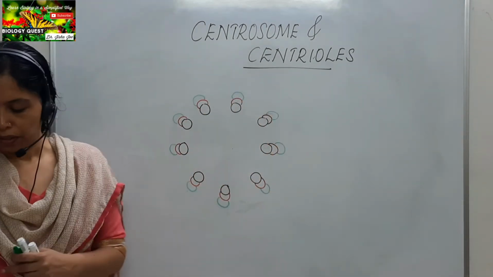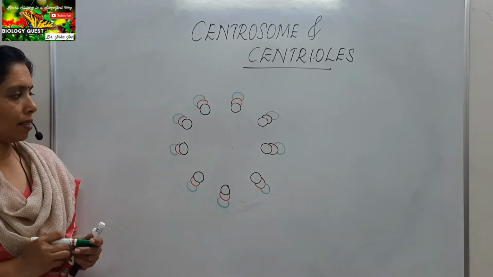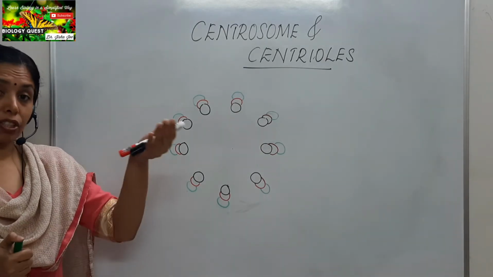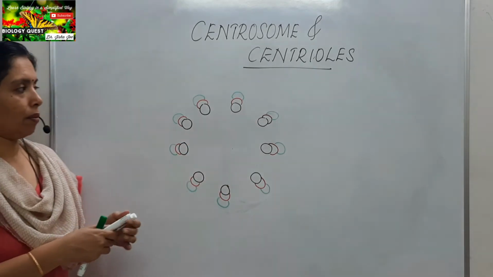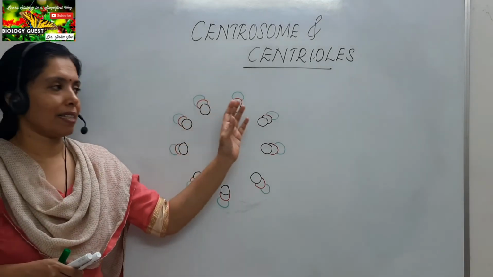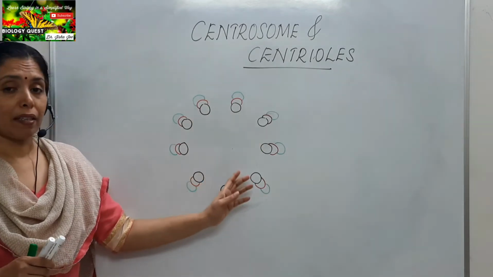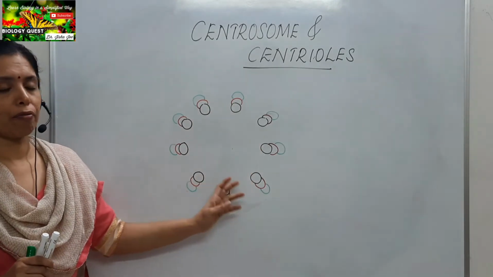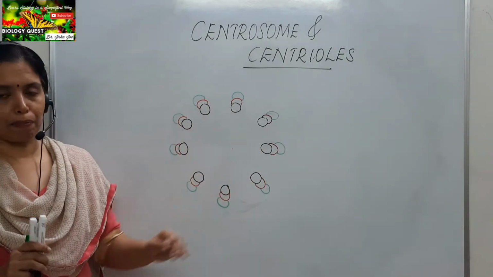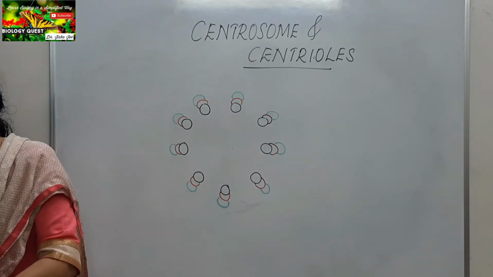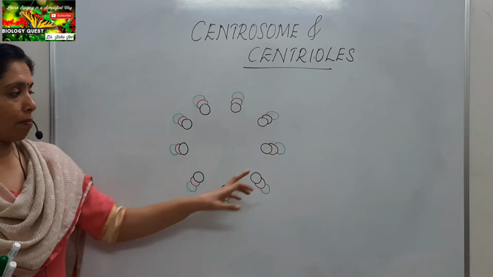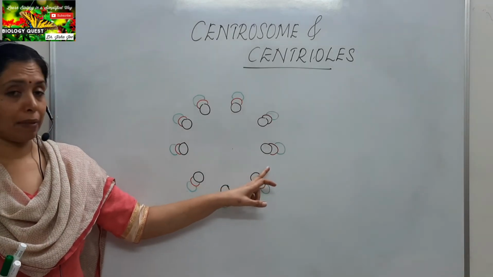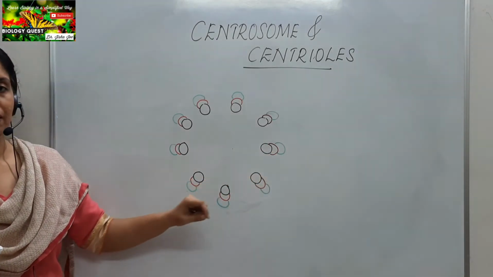So here you can see, if we take a cross section of the centriole, it has 9 groups of microtubules arranged at the periphery, and each group is called a triplet because there are 3 microtubular filaments or fibers present in each group.